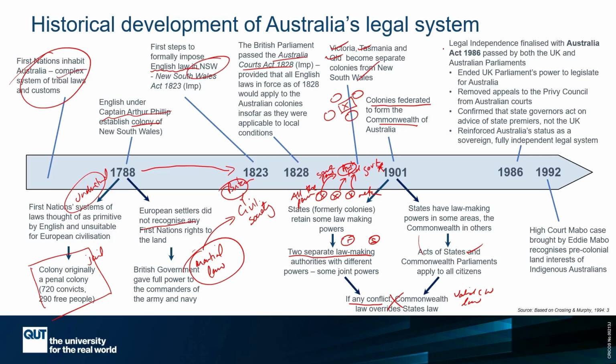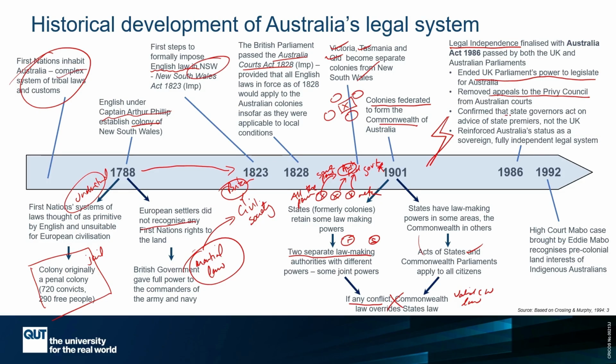First one is the finalisation of our legal independence. So in 1986, the UK and the Australian parliaments passed the Australia Act, which legally separates us totally from the UK. So it ended UK Parliament's power to legislate for us. It removed UK courts from our judicial system.